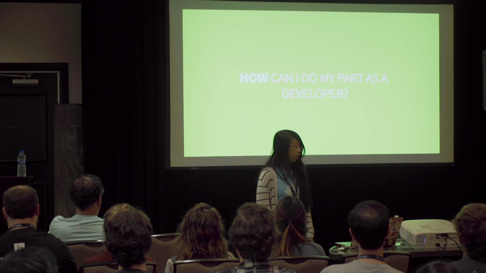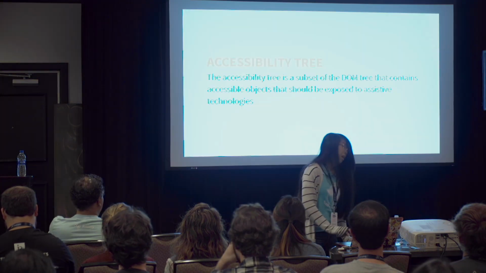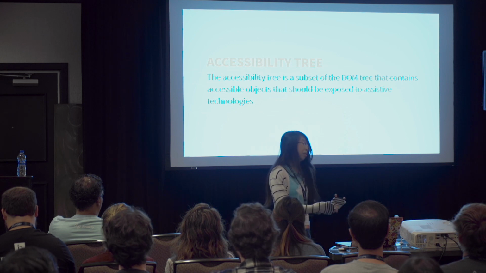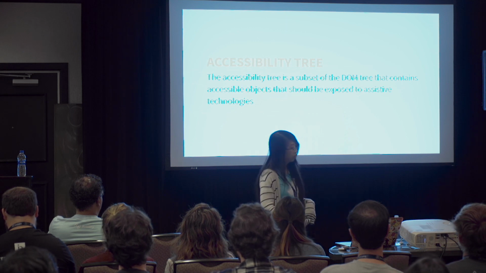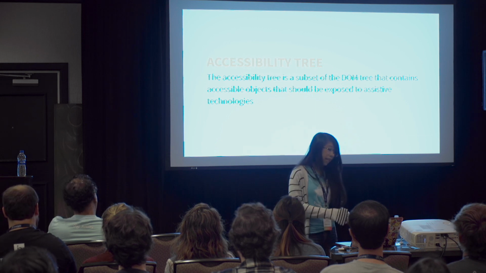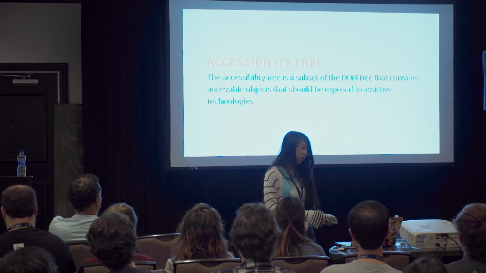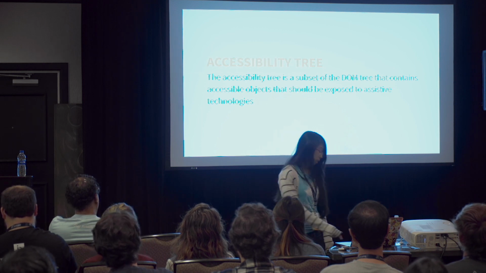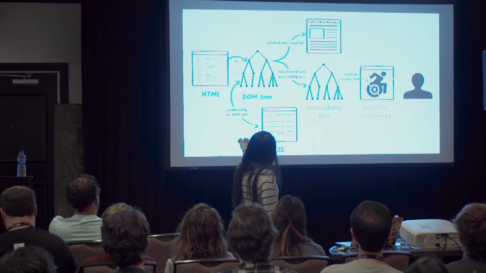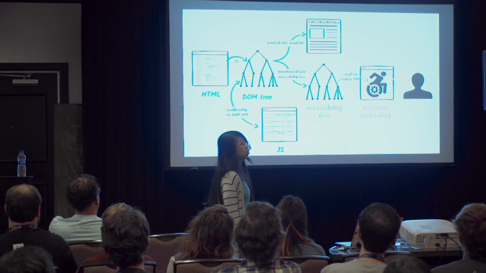Okay, so we get to how can I do my part as a developer? Before we start, we really need to understand what web accessibility means from a technical point of view. What we have is the accessibility tree. That's a subset of the DOM tree that contains accessible objects that should be exposed to assistive technologies. So here's a diagram. We have our HTML, and as you all know, that translates into the DOM tree.